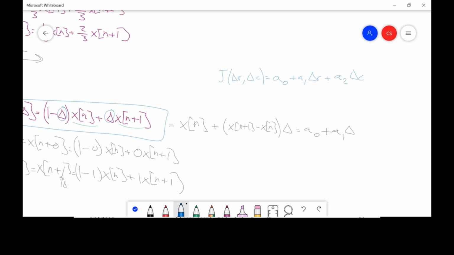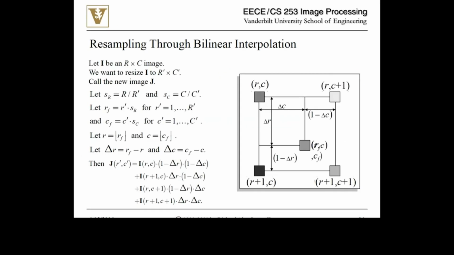If you multiply all these, you would see you have the delta R's, and you have delta C's alone.